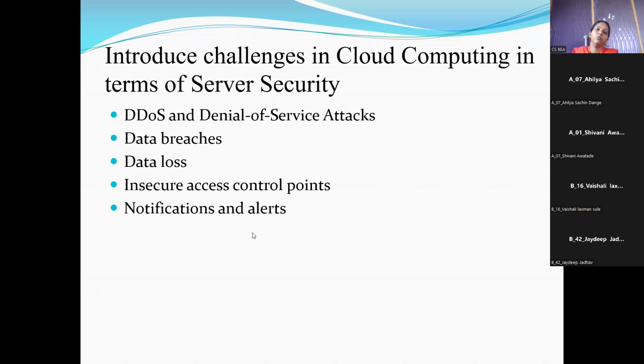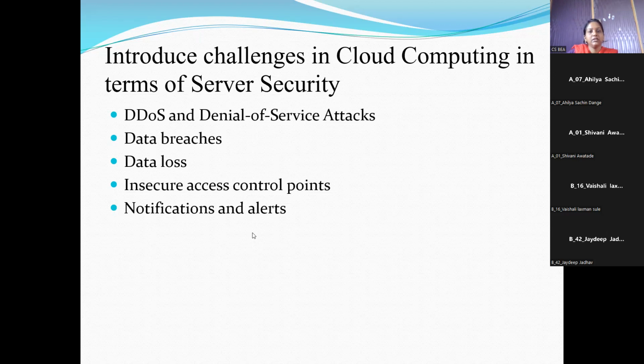Because you are switching from one access point or service provider to another, isn't it? At this particular juncture, if any kind of data loss or attack is caused, then at that time you must be in a position to secure your data. So this is one of the challenges.